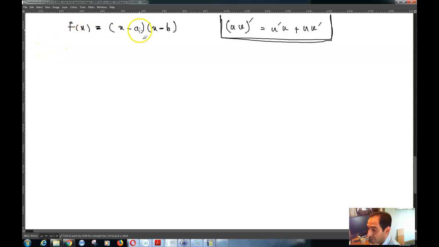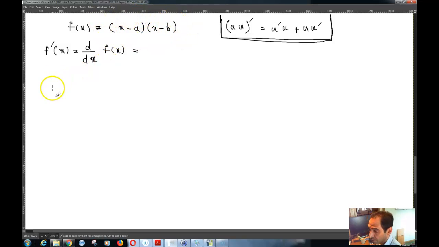So that means f prime of x, which is d by dx of f of x, is equal to the derivative of the first function times the second function, plus the first function times the derivative of the second.